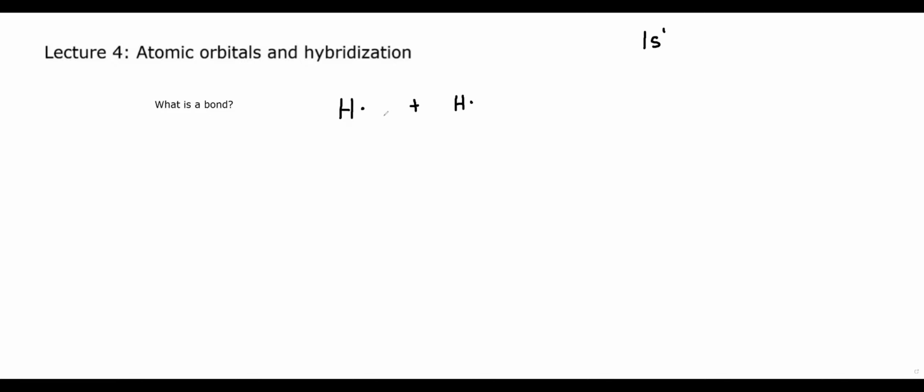Now, both of these electrons are in a 1s orbital around hydrogen, right? So let me draw the product here of a bond between 2 atoms of hydrogen. That would give us H2.